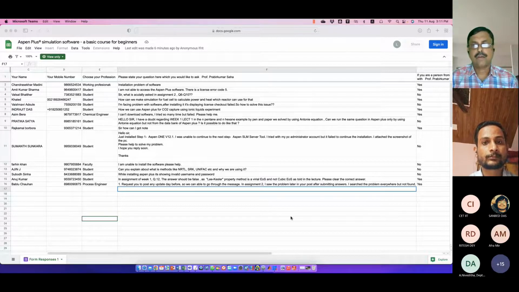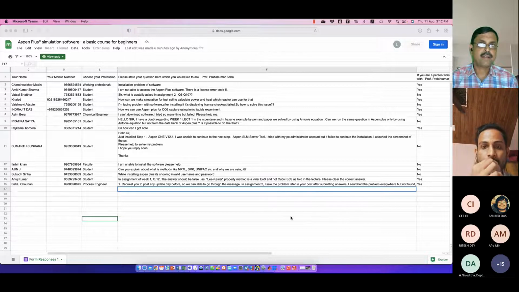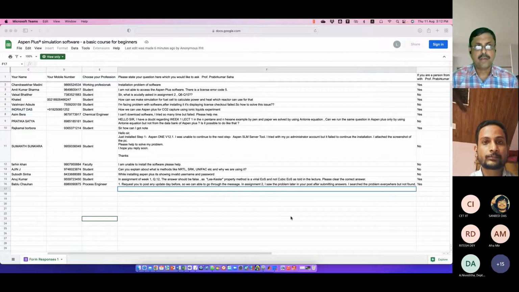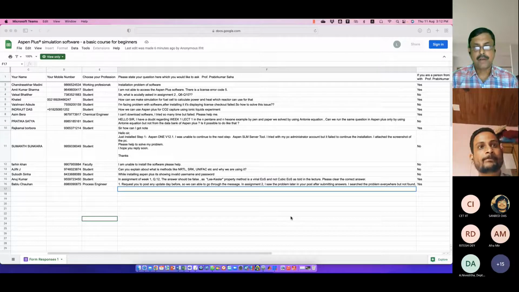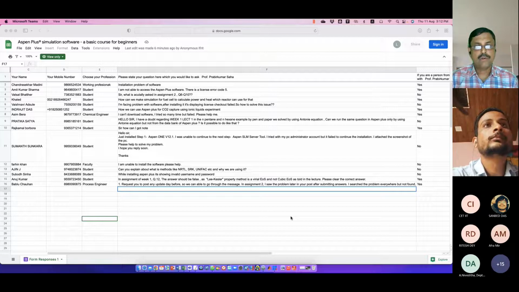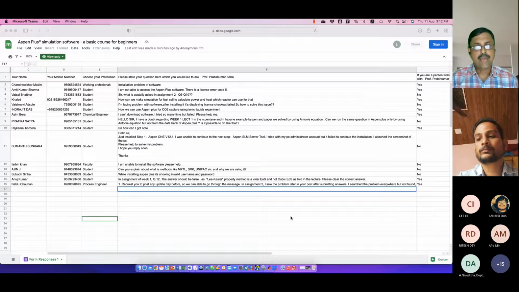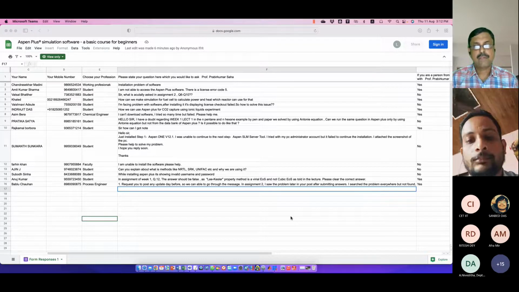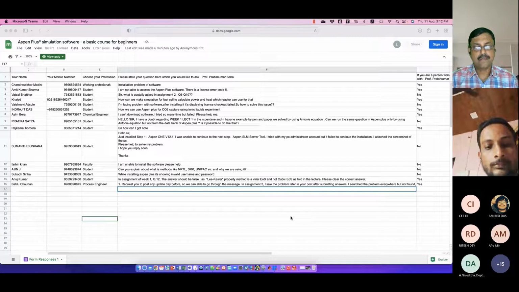No, actually, it is not possible. Aspen has its own data bank and has given several options to choose, so you have to choose your model. I do not know whether Antoine equation is there in that list of options. I have not explored it, but you have to use something which has been given by Aspen.